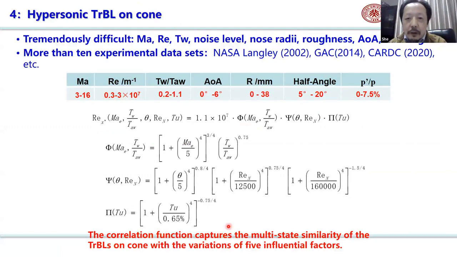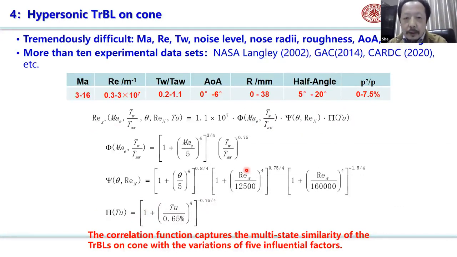So here is our new formula for the transition center Reynolds number, as a function of the Mach number, the surface temperature, the half angle, the nose radius Reynolds number, and also the incoming pressure and incoming turbulence intensity. This last one is the same as in our earlier formula for the flat plate. This is for the hypersonic cone.